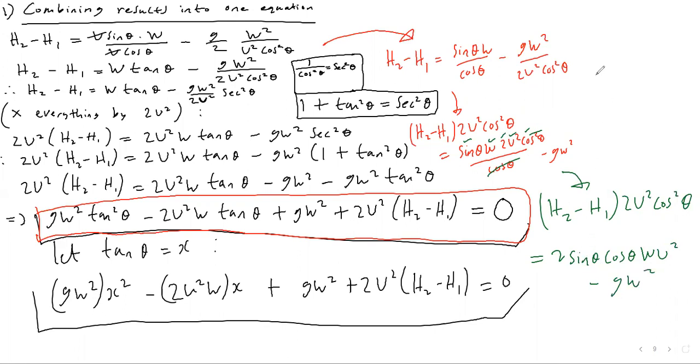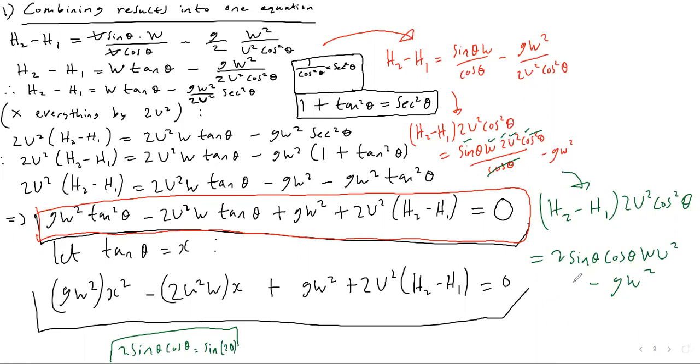Now notice, remember our double angle formula. So remember that 2 sine theta times cos theta is equal to our double angle for sine, so sine 2 theta.